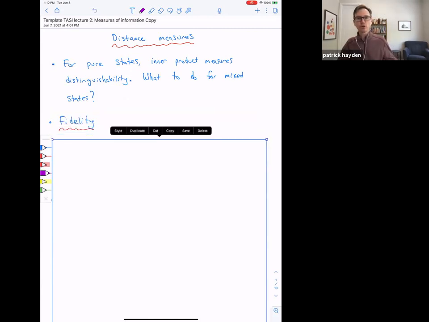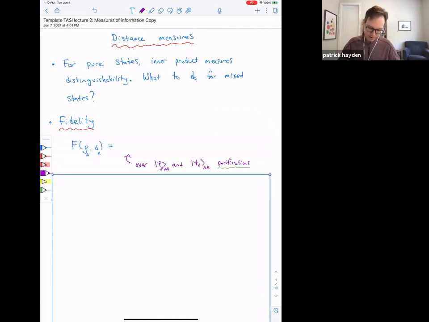And so I'm going to give you 2 examples, and maybe one more will come in a little while, of functions that morally play a kind of similar role to the inner product. And the first one is the fidelity, and it really is a generalization of the inner product.